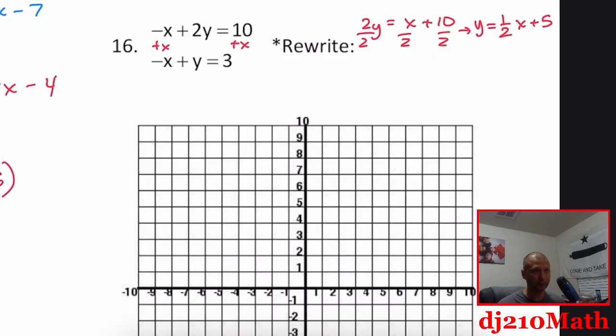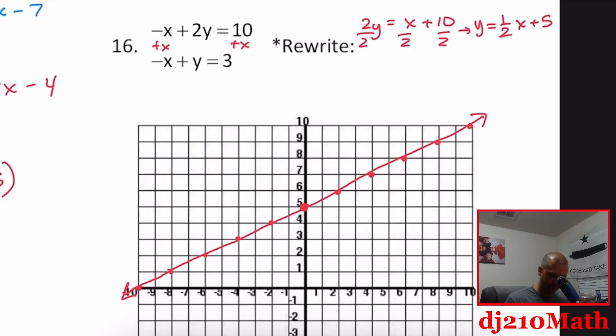It's 10 divided by 2. So positive 5. Up 1 over 2. All right, there's my line. Crosses at 5 and use the slope.